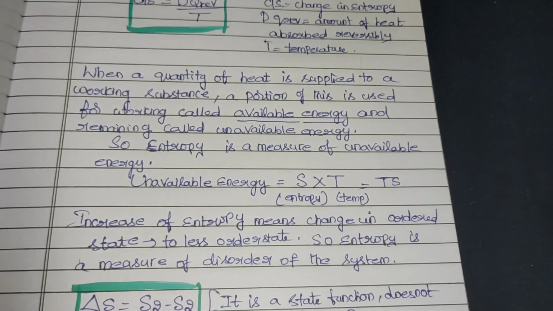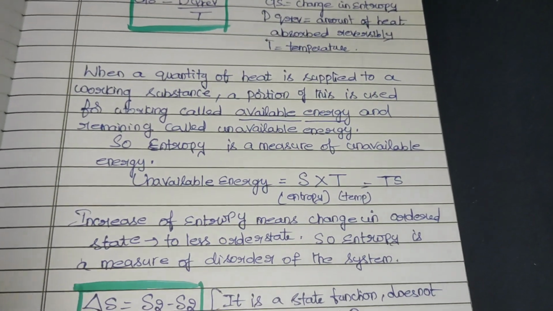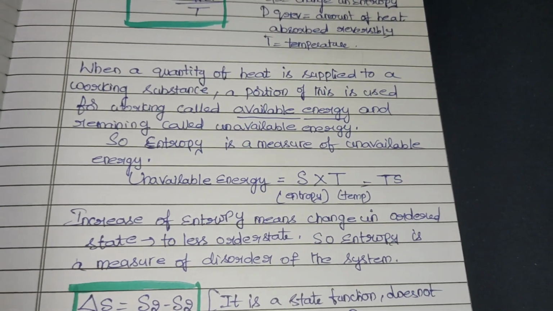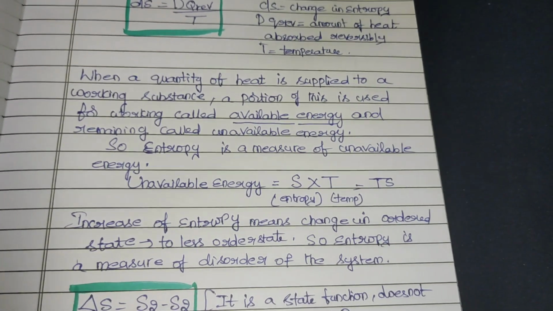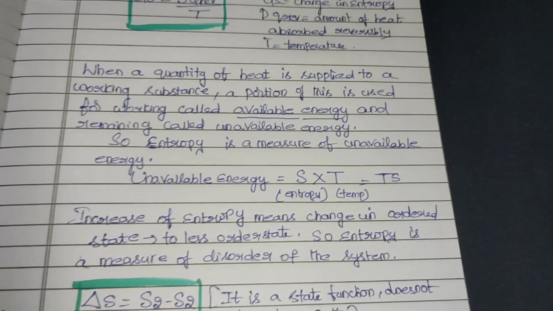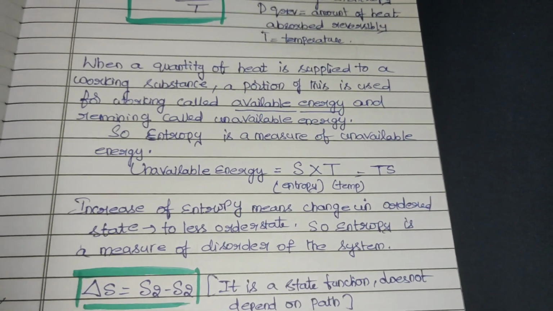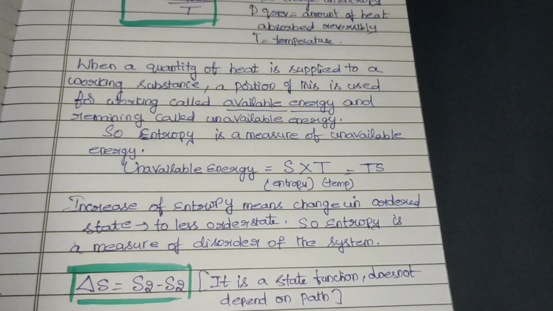So an increase in entropy means a change from an ordered state to a less ordered state. When we give energy, the particles start to move, changing from an ordered state to a less ordered state. So entropy is a measure of the disorder of the system.